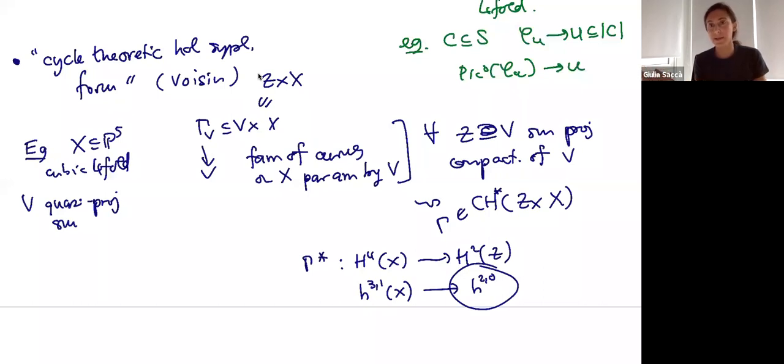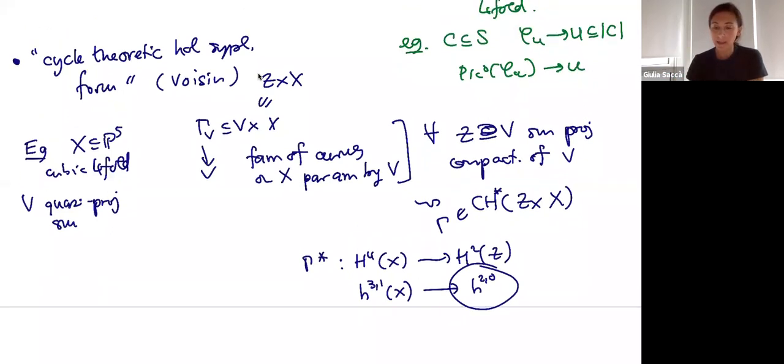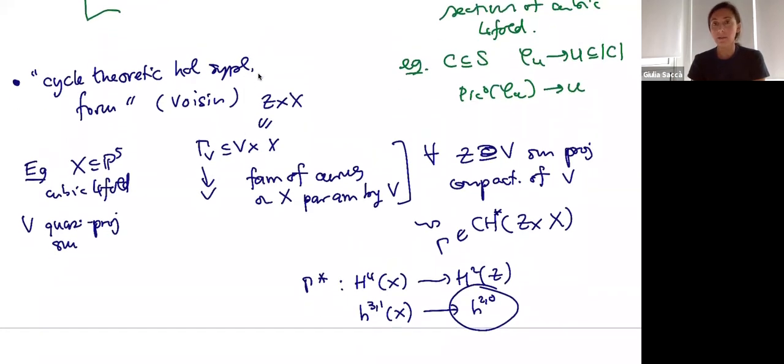Of course, this form could be 0, and sometimes it is 0, and so then you have to work to get that this holomorphic 2-form is actually non-degenerate. But the advantage is that if you know that this form is non-zero, then it's automatically closed, because a holomorphic 2-form on a smooth projective variety is closed by the Hodge decomposition.